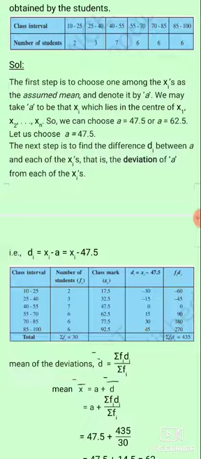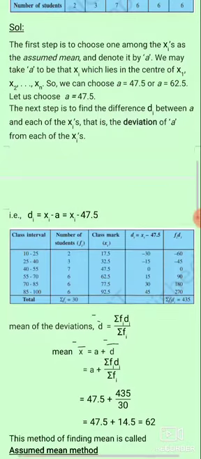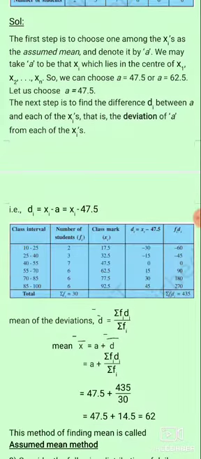Now A is 47.5, the assumed mean, plus sigma fi di, 435, divided by sigma fi, 30. 47.5 plus, when you divide, 14.5 is the quotient. So the sum of those two is 62. Now the second method is called the assumed mean method. The first method name is the direct method, and the second method name is the assumed mean method. Clear?